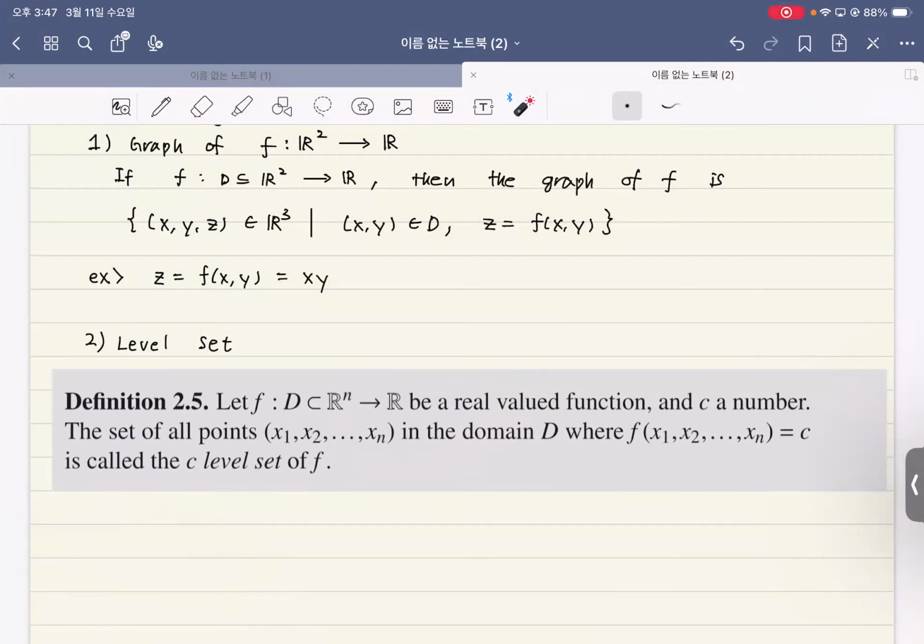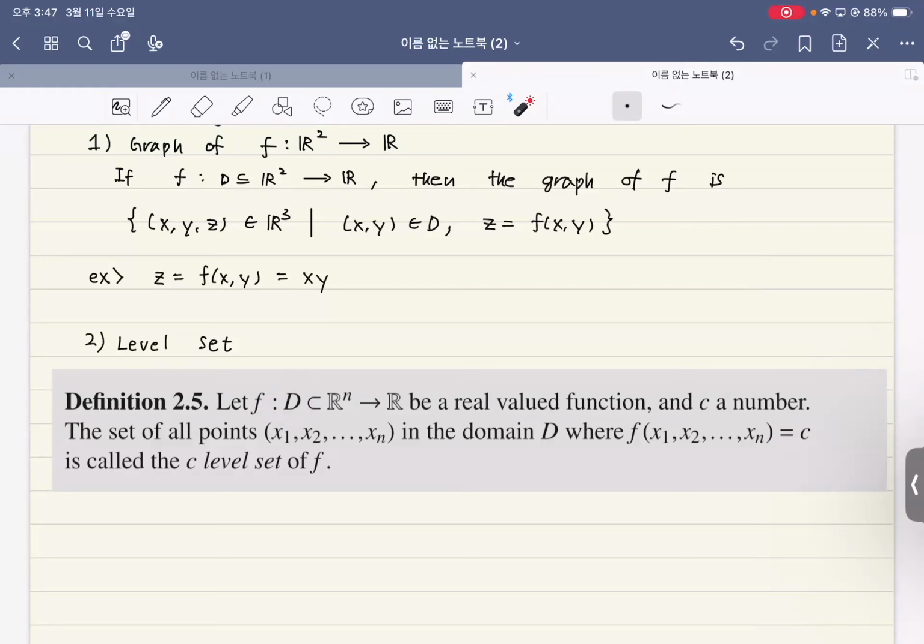Suppose that I have a function from Rn to R, which is a real valued function, and imagine the set of all points from the domain of the function whose function value equals c. The collection of all such points from your domain is going to be called a level set, the c-level set of your function.